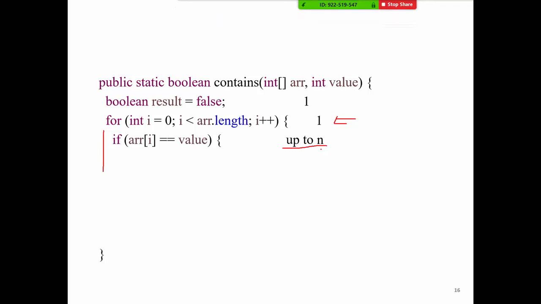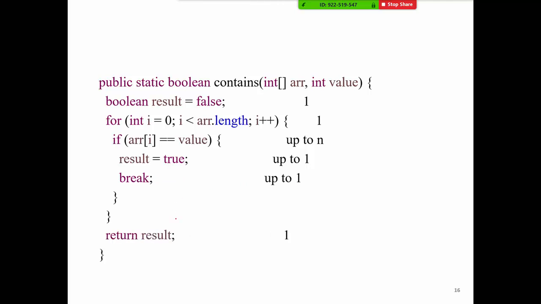In the worst case, the if statement, if array at element i equals value, will be executed up to n. The true value will be executed up to 1, because if this is equal, then you go inside the if statement. Otherwise, you're not going to go inside the if statement. The break will be executed only once. Now return result will be executed once.